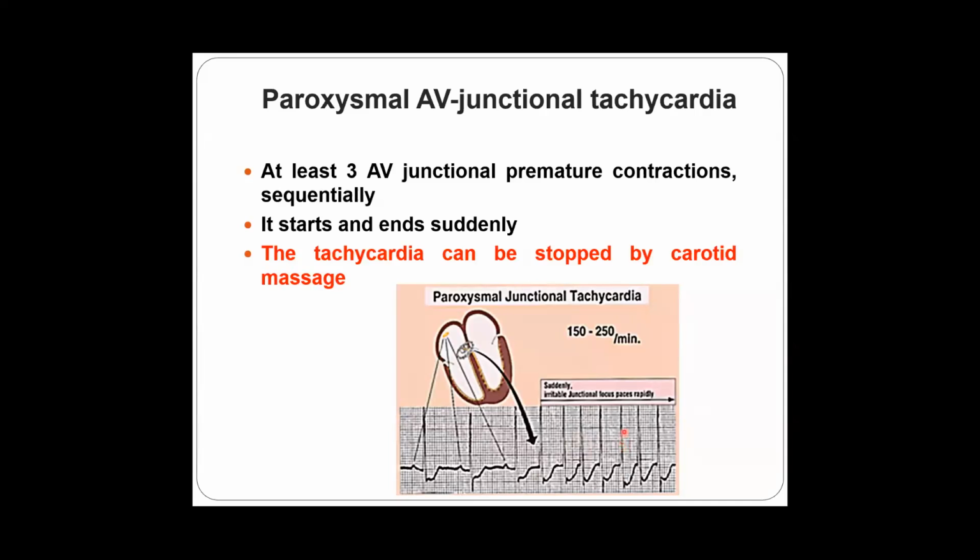Plus, the patient can stop this junctional tachycardia by applying carotid massage or taking a breath, the Valsalva maneuver, because the vagal tone can alter the junctional conduction, and this is why it interrupts this circle.